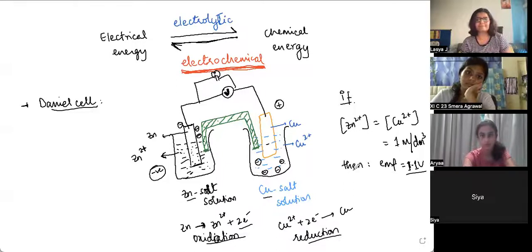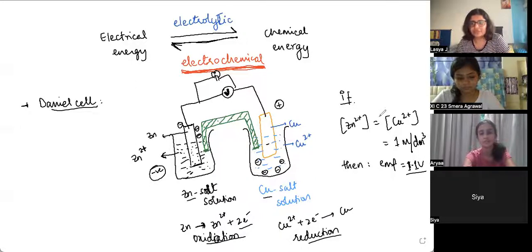Yeah. And what is that? One what? This one. Yeah. So if you take the concentration of the zinc solution and copper solution to be equal to 1 mole per dm cube, like 1 mole per liter, then the EMF that is produced was measured.